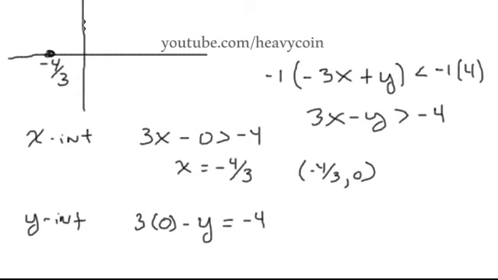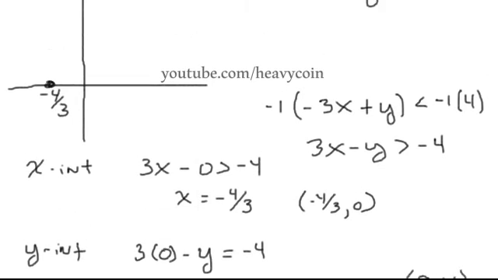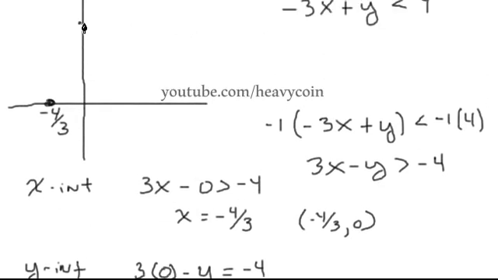We're just trying to find where it crosses the y-axis. So we end up with negative y is equal to -4, but we multiply both sides by -1, and we get y is equal to 4. So the point here is 0, 4, and that's up here at 4.